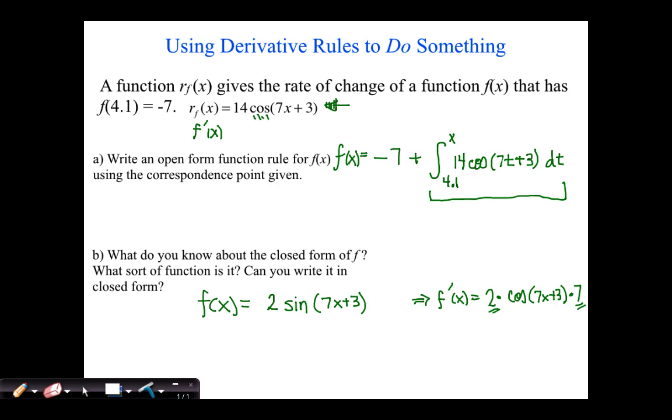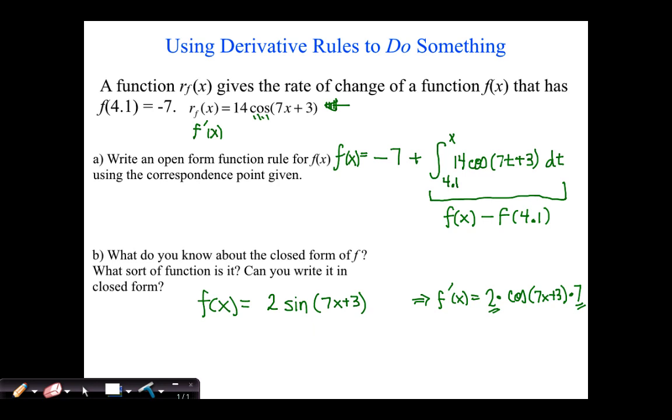Well, this is the accumulation from 4.1 to x, or if this is a basketball, this is how much the height changes between time 4.1 and time x. If I had a function for the height, I just compare the two of them, subtract. So this integral would be f of x minus f of 4.1.